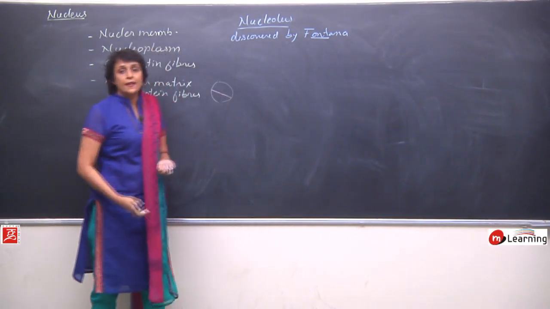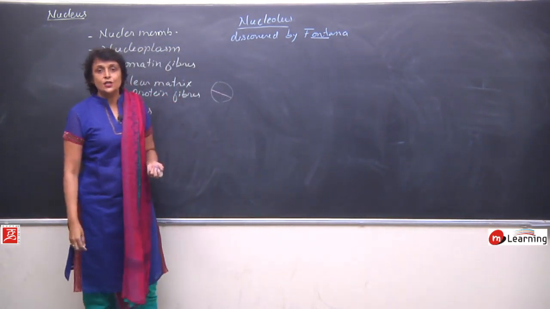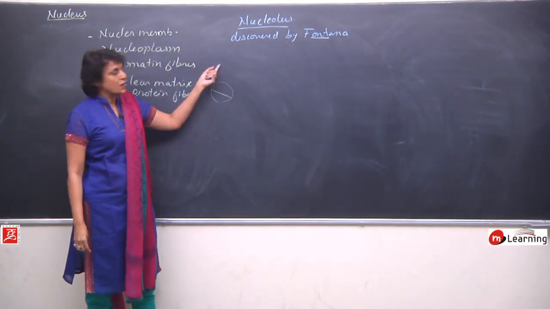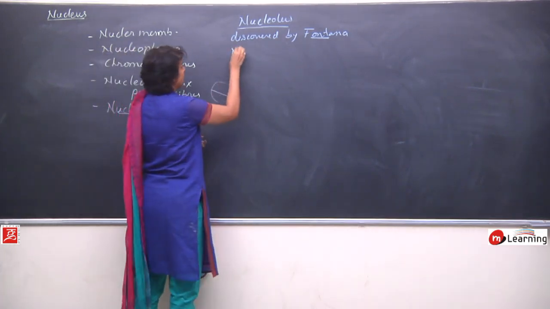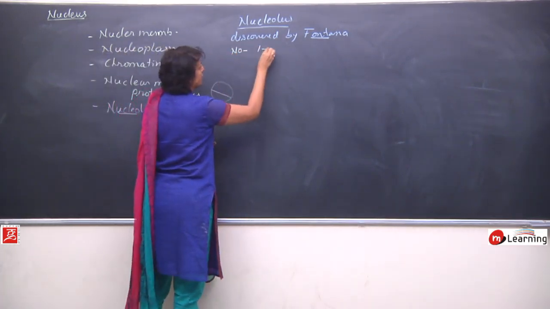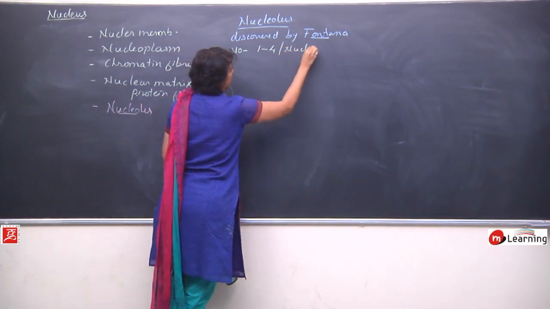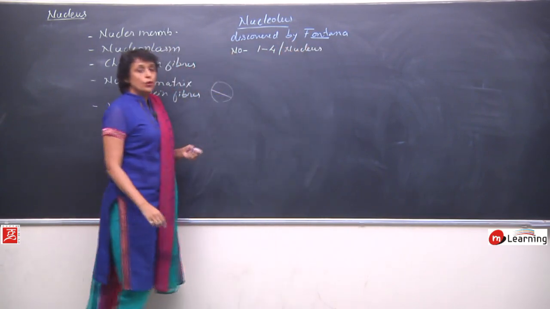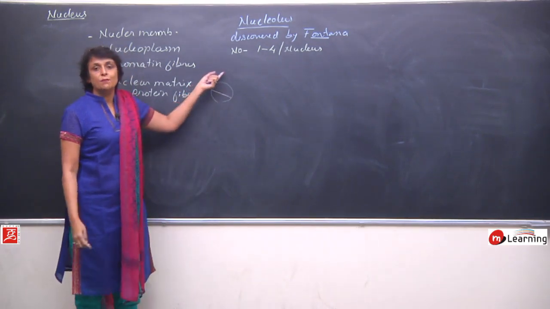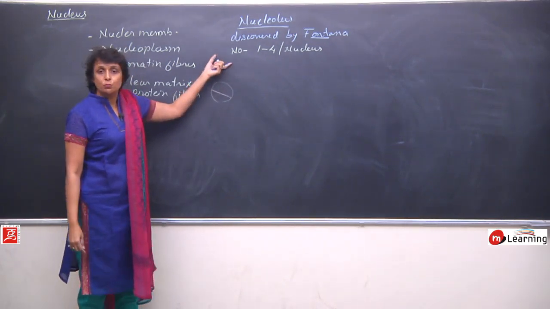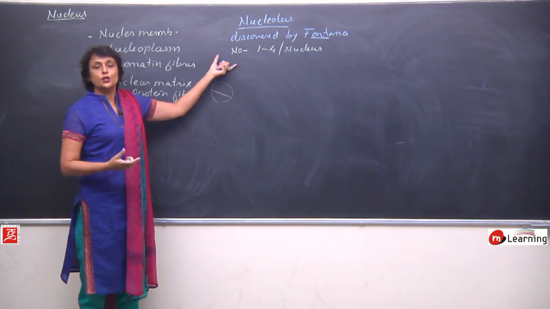Number is variable. Normally each nucleus has one nucleolus, but again it is variable, so numbers can be 1 to 4 per nucleus. Nucleolus is going to help in assembly of ribosomes, so depending upon the condition of the cell.